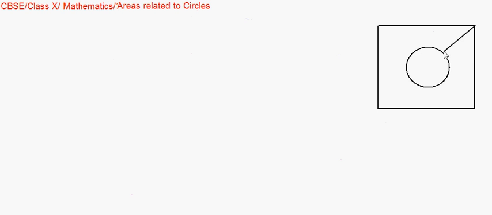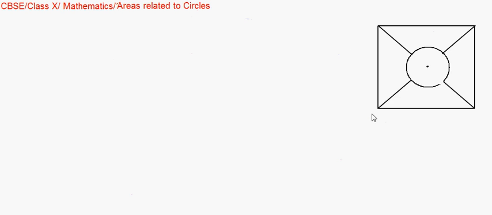I'll just be joining the two diagonals and then erase the part in between. So this part I'll erase and the figure will get its own shape according to the question. Okay, now let me write down. There is also the center of the circle. Now I'll be giving them the names.